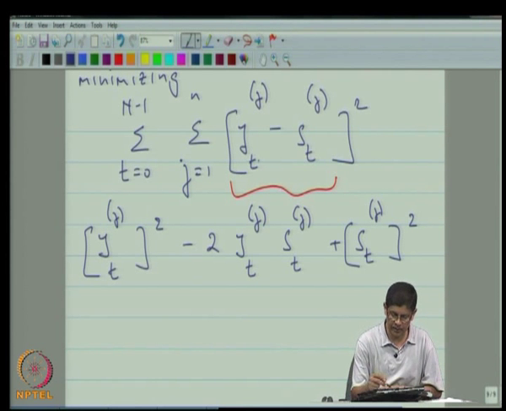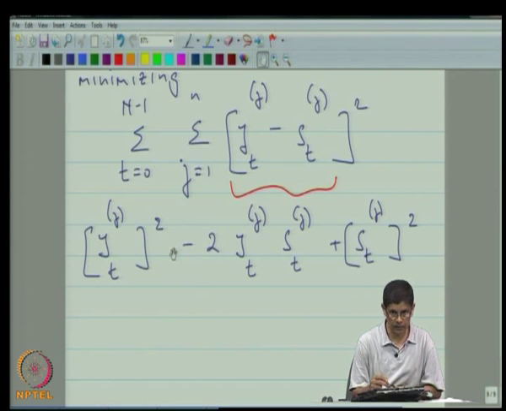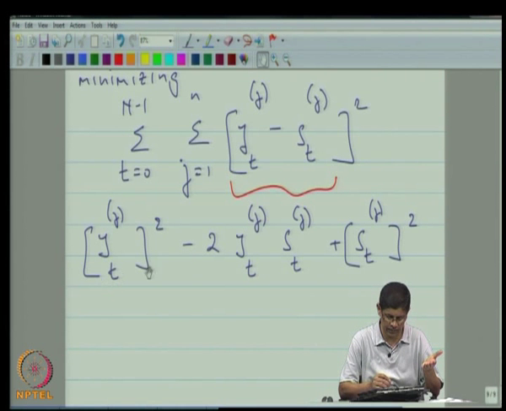So, you want to minimize this quantity, but this thing is a constant, it does not depend upon the code word, because this maximization that you are trying to do is aimed at trying to differentiate between two code words. But now if you have a term which is independent of the code words, you are free to ignore it. So, we can drop this term.